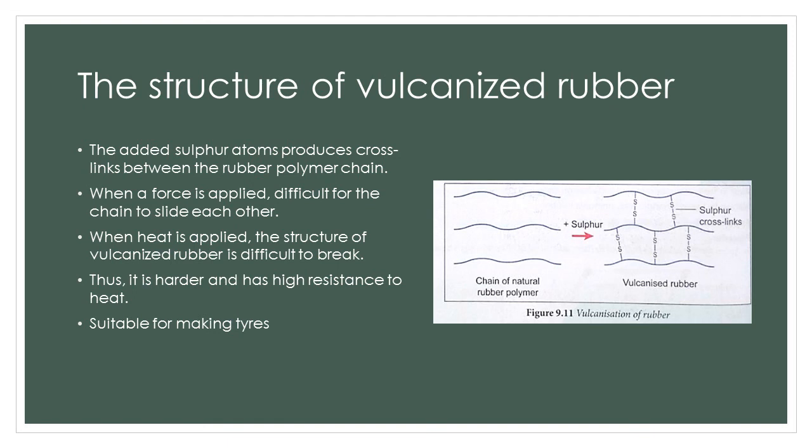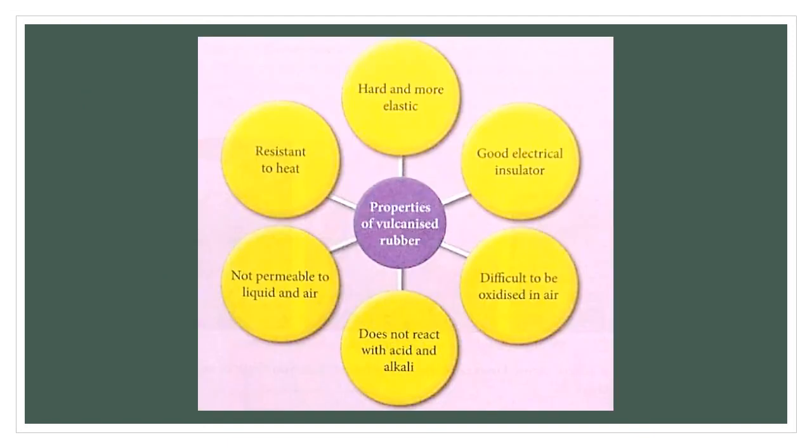So this sulfur cross-link will make the vulcanized rubber harder and more resistant to the heat. So this rubber is suitable for making tire.